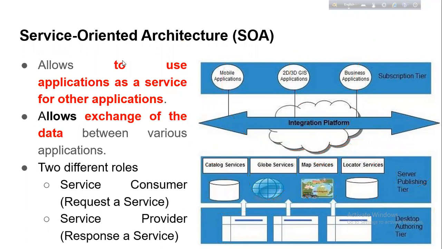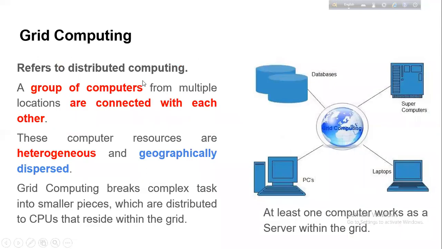So the first technology that we have seen is virtualization, and the second technology that we have just seen is service-oriented architecture. The third one is grid computing.